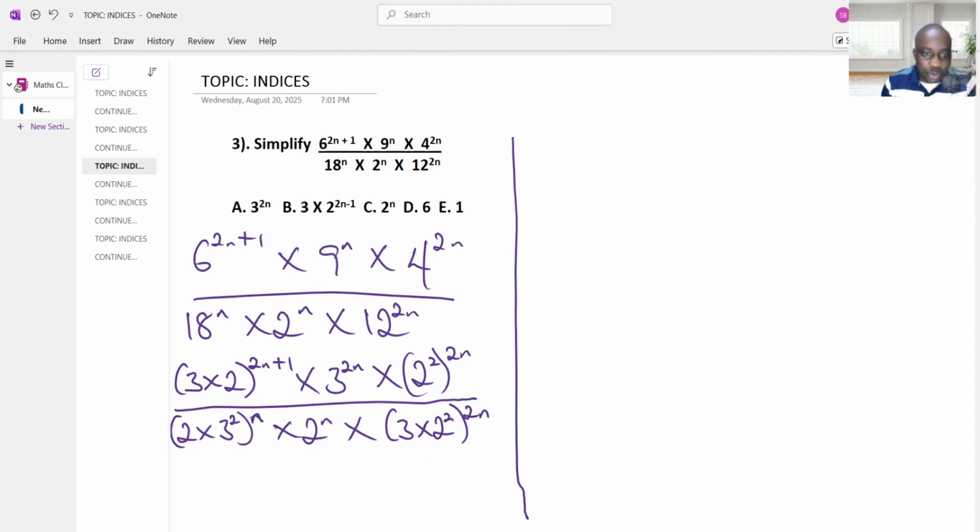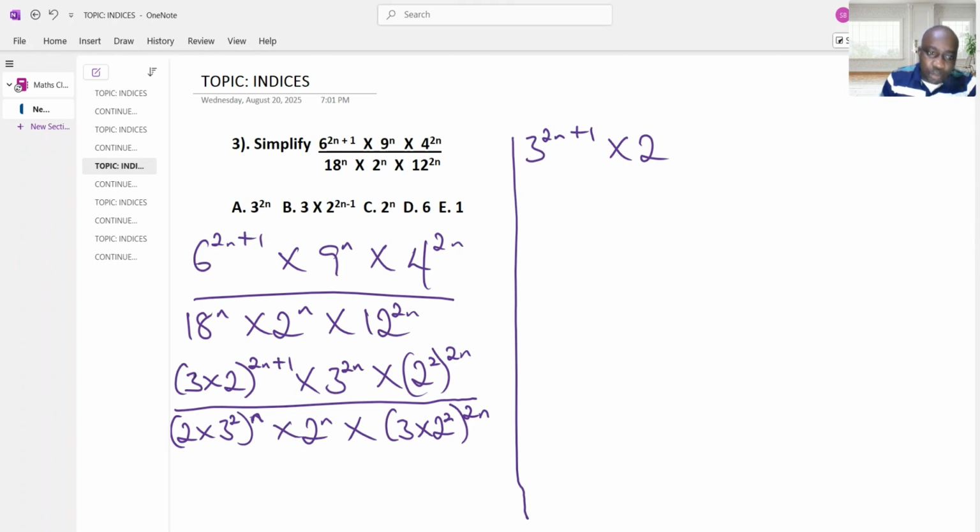The next thing we are going to do, let's open this bracket. Let's expand it the way it is. Now, let me write it out again. This 3 times 2 here, I can say it like this: 3 times 2, all raised power 2n plus 1. Multiply by 3 raised power 2n. Again, this 2, we are using the raised power 2n plus 1.